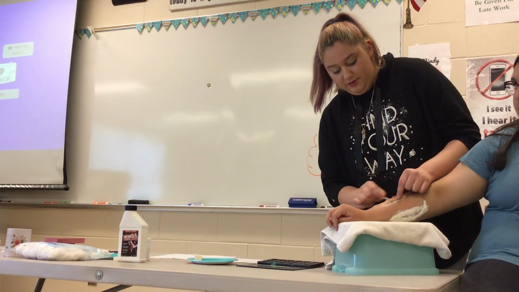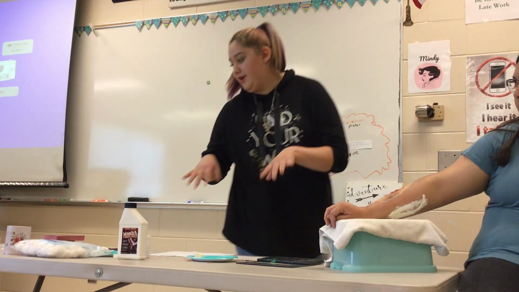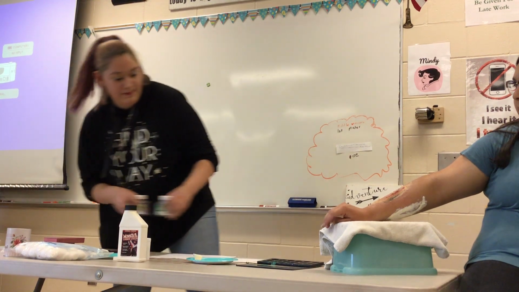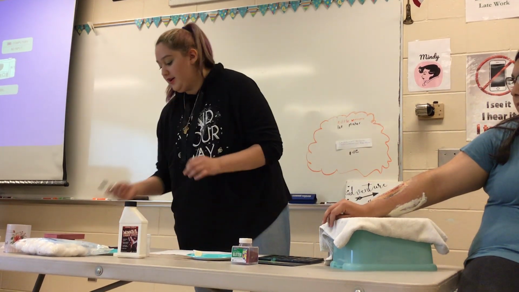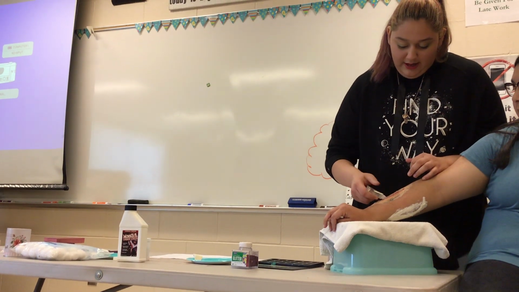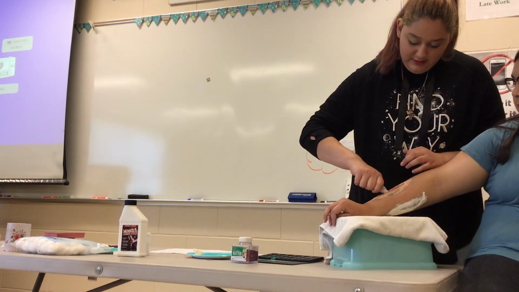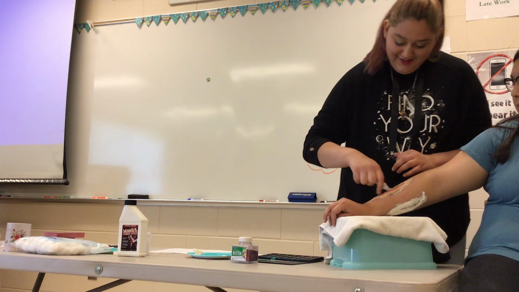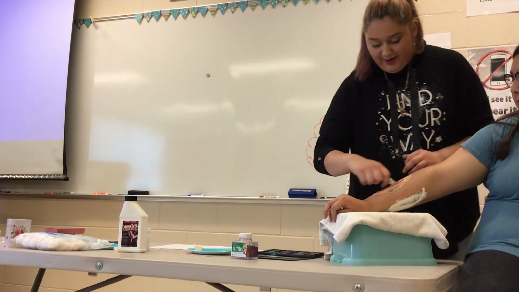So, once you have done that all the way around, you can start with your glitter. You take your clear lip gloss, and you put it all the way around and underneath the flaps. So just everywhere.